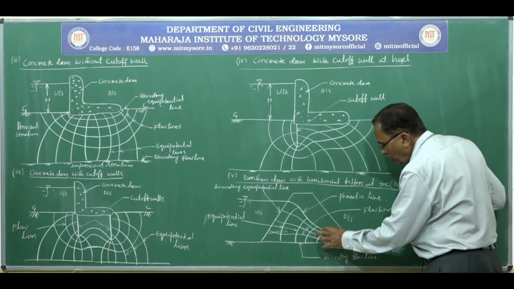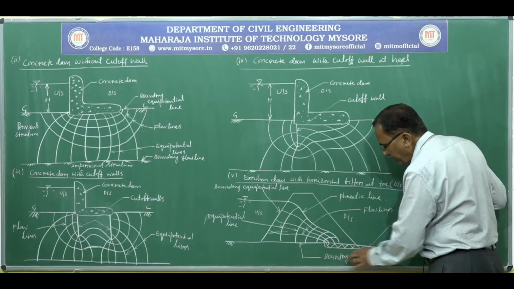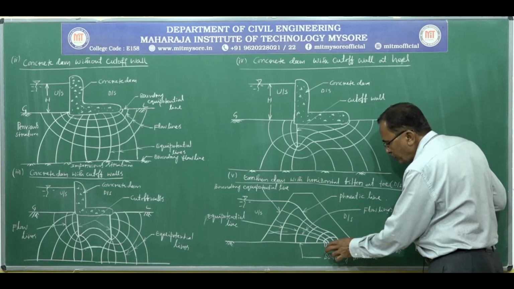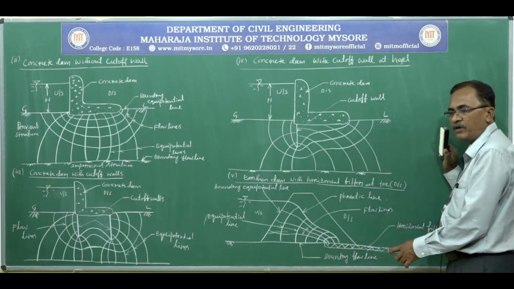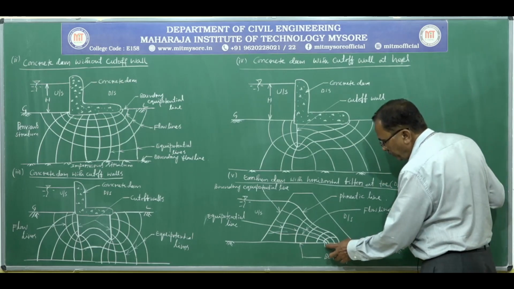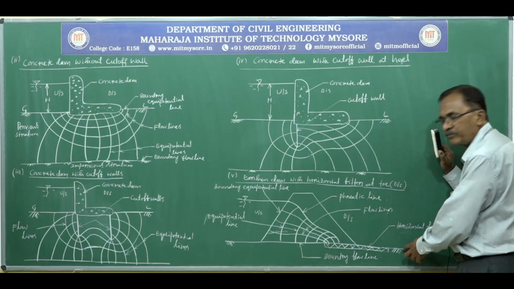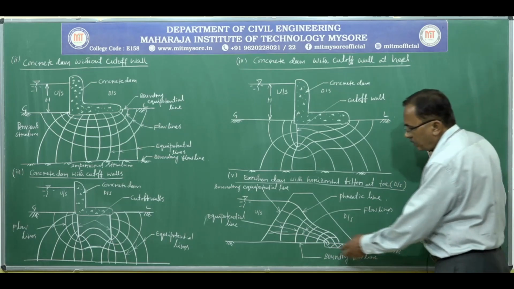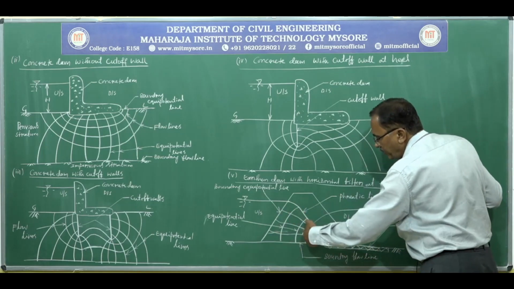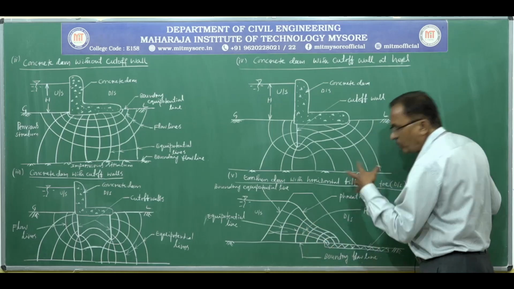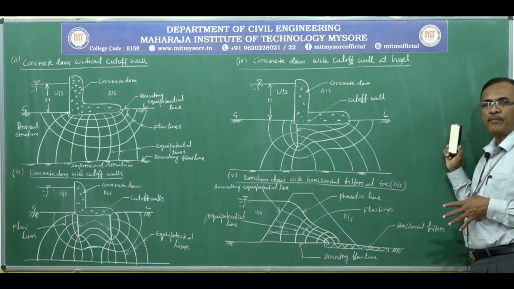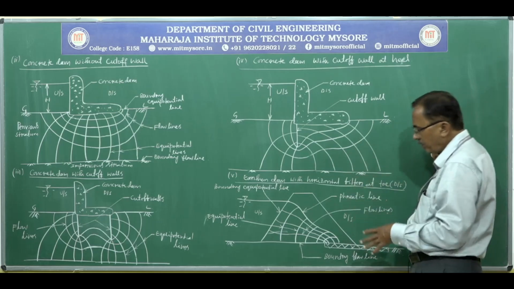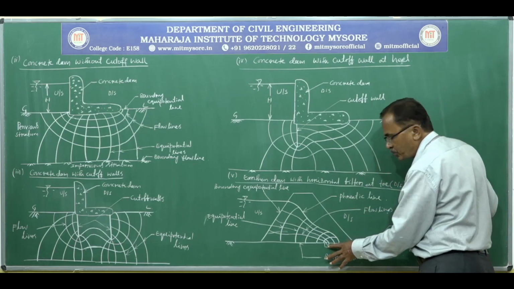In order to remove water safely at the downstream end of the dam, called the toe portion, we provide a graded filter so that whatever water enters the dam leaves it without harming the dam. That is called a graded filter or horizontal filter at the toe portion.